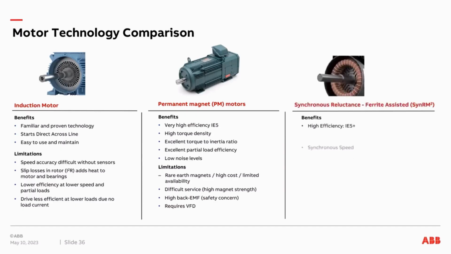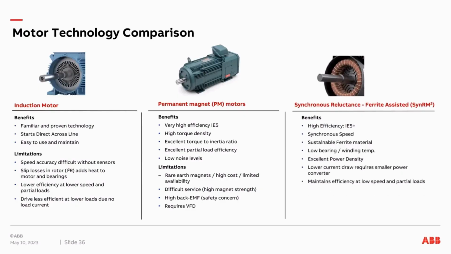A synchronous reluctance motor, a ferrite-assisted one, has high efficiencies, IE5 or better, much like a permanent magnet motor. It has a synchronous speed, which means there's no slip. So if it's going at 1800 RPM, it's 1800 RPM. Its sustainable ferrite material is low cost, and we can get it pretty much anywhere in the world. It has low bearing temperatures and low winding temperatures.